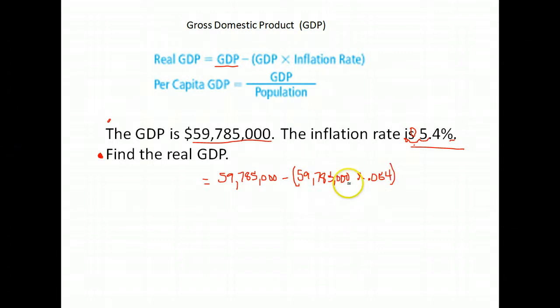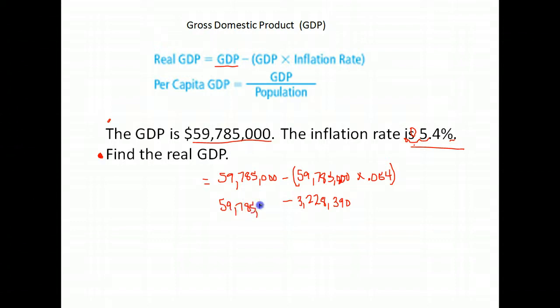Do your multiplication first. So again, we're going to take that 59,785,000 times 0.054. That gives us 3,228,390. So now we're just going to do our subtraction here.